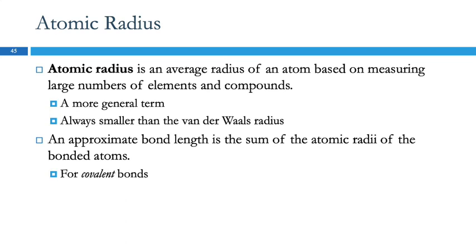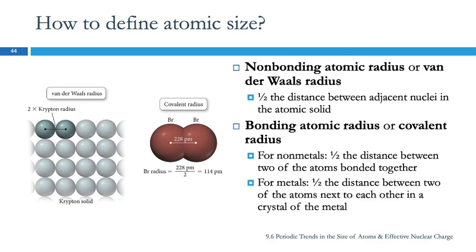When we talk about bond length, we can approximate the bond length by adding the atomic radii. So over here, we can use the distance between these two to find the radius of the atom, but we can also estimate that distance by looking at the radius of each atom and adding them together.